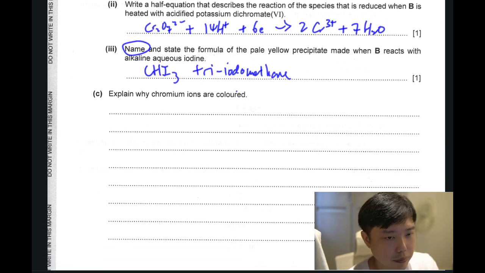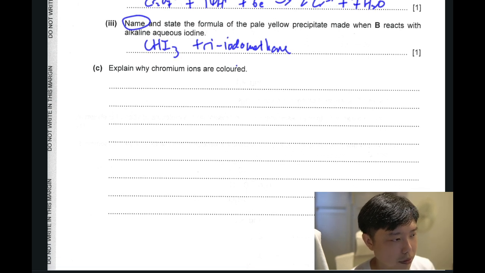Explain why chromium ions are colored. This is a very standard explanation for why transition metal ions are colored. So you basically talk about complexes.